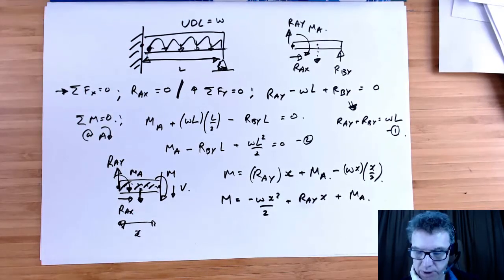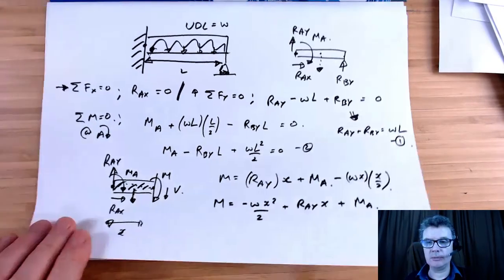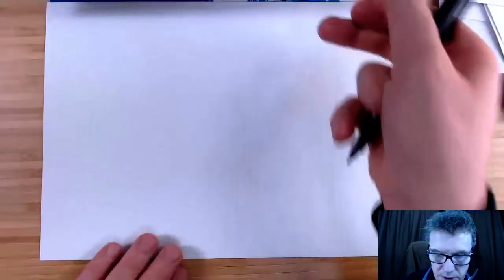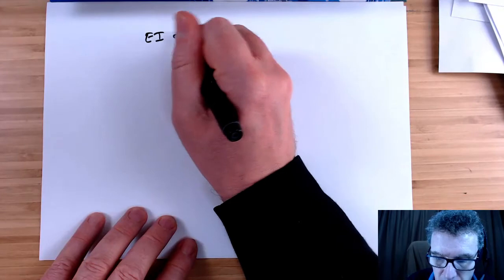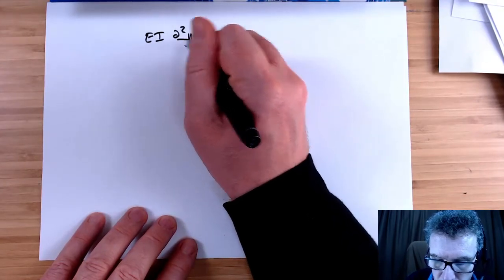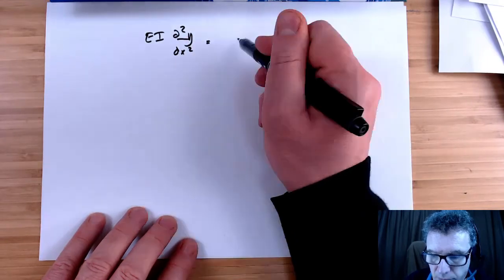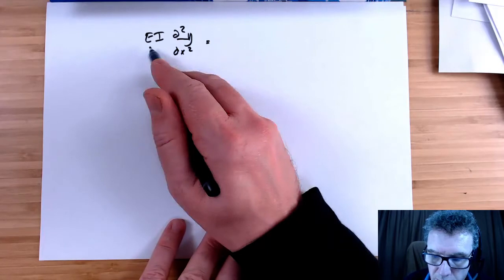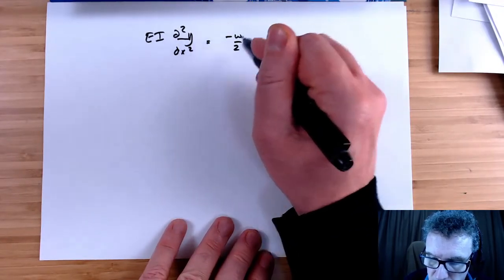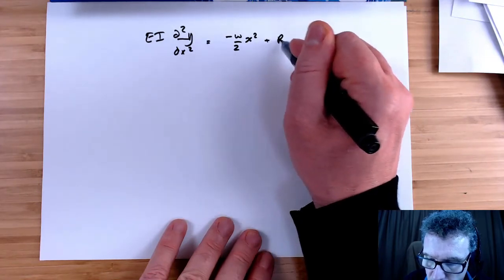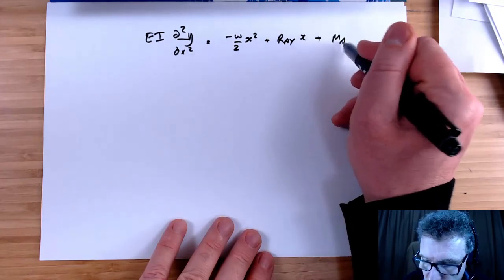Right. So we've got an M equation. Let's stick it in EI d squared y over dx squared. So I'm going to stick it into this equation, brought the EI over to the left hand side. That's minus little w over 2 x squared plus RAY x plus MA.